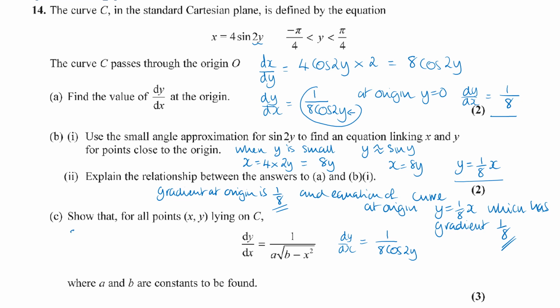Now we know that sine squared 2y plus cos squared 2y is equal to 1. So we rearrange that equation and get that cos squared 2y is going to be 1 minus sine squared 2y, and then taking the square root, cos 2y is equal to the square root of 1 minus sine squared 2y.